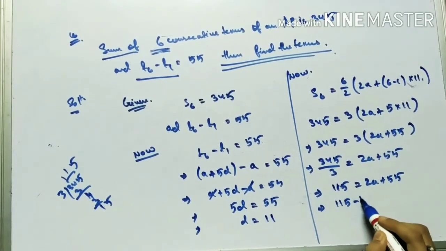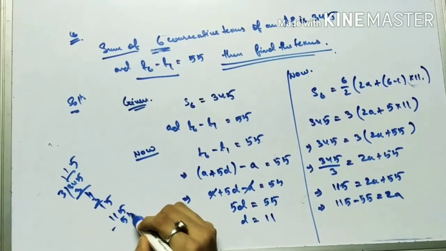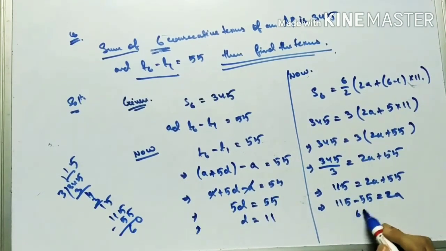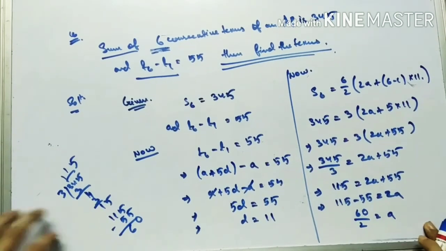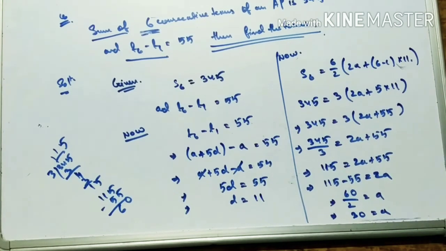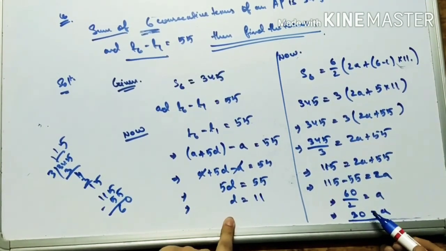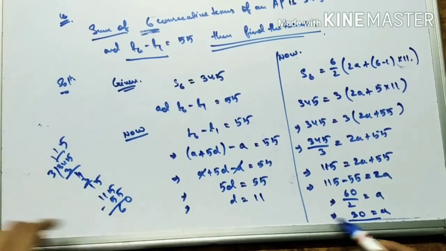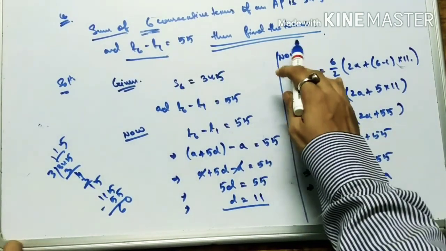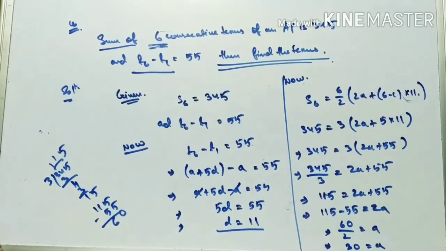So 115 minus 55 equals twice A. 115 minus 55 is 60, and 60 by 2 equals A, so A equals 30. Understand? 30 is the first term. The common difference I know, and now I have to find the 6 consecutive terms.